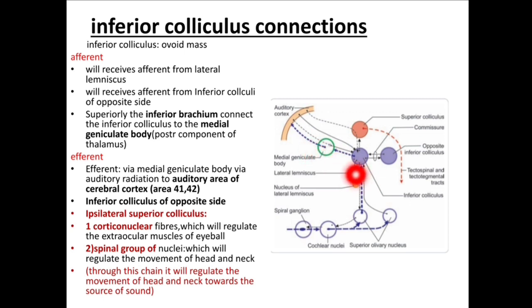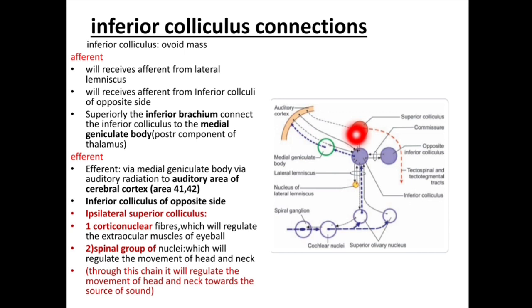Efferent connections of this inferior colliculus: number 1, via the medial geniculate body, auditory radiation to the auditory area of the cerebral cortex, areas 41 and 42. Number 2, efferent connection to the inferior colliculus of the opposite side. Number 3, efferent connection to the ipsilateral superior colliculus.